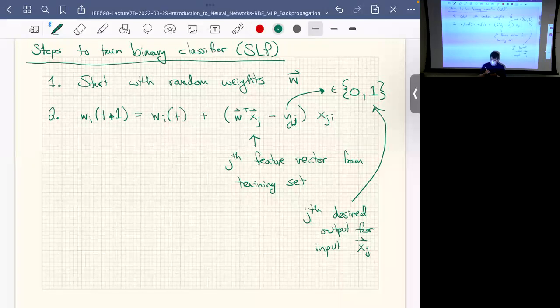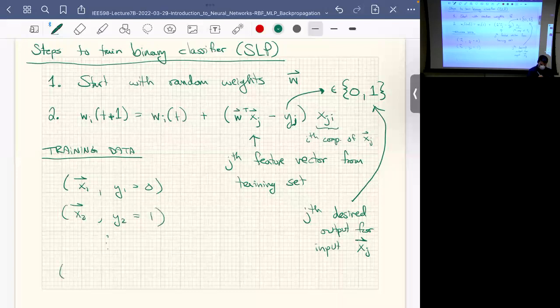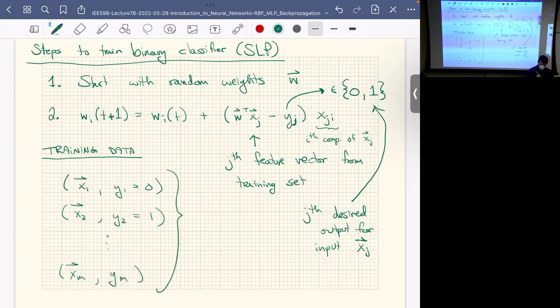And this thing is just the ith component of the xj vector. So the idea is we've got a bunch of training data that looks like x1, y1, where maybe that's equal to 0. We've got an x2, y2, which maybe is equal to 1, all the way down to some xm, ym. And so these are all desired inputs and outputs.